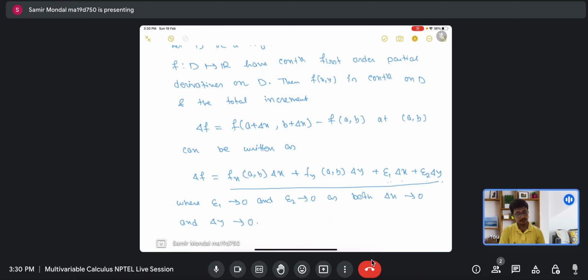Epsilon 1 tends to 0 when del x tends to 0, and epsilon 2 tends to 0 when del y tends to 0. This is what the increment theorem says.